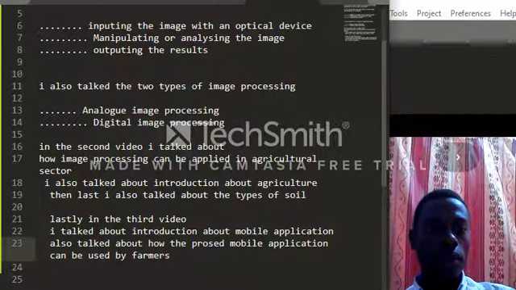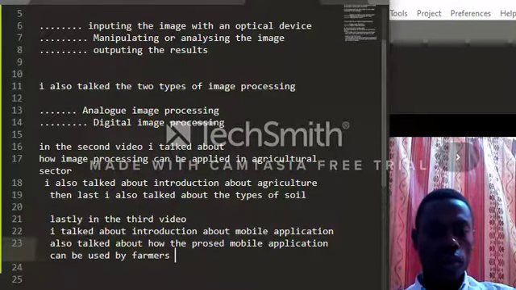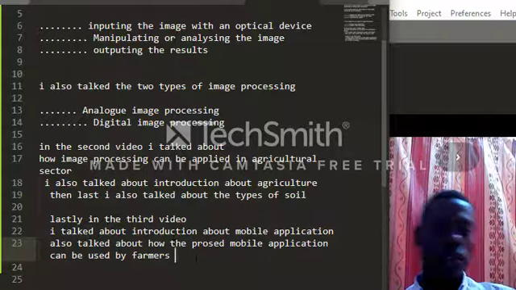And this mobile application should be in position to give farmers some suggestions about different crops that can be grown on such identified or classified soils. So those are the 3 videos we had.